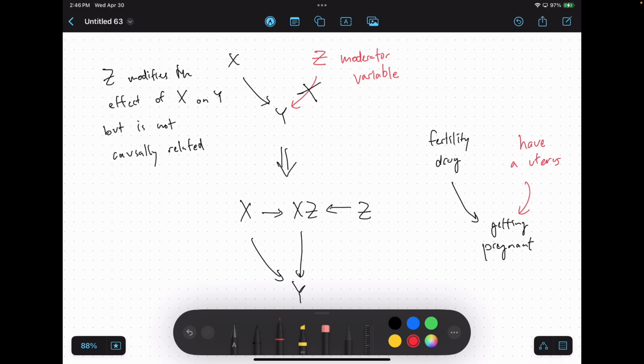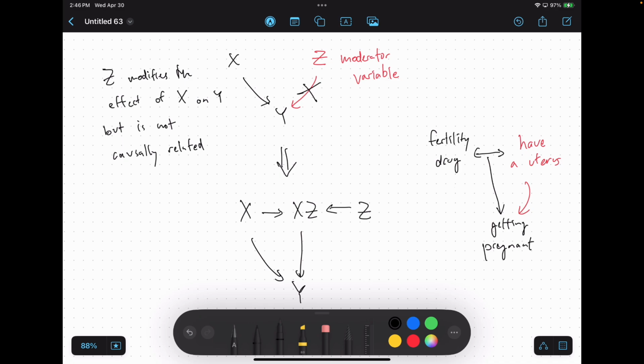Yeah, sorry, I wrote this incorrectly. Right, it is the interaction of these two. So the uterus is the actual moderator, and the fertility drug is the cause.